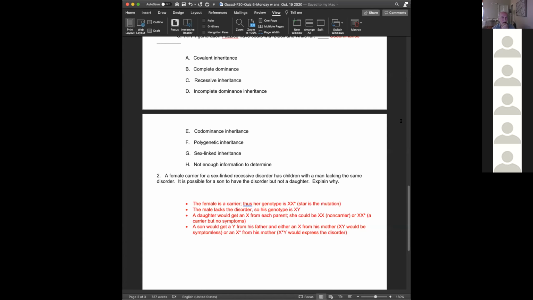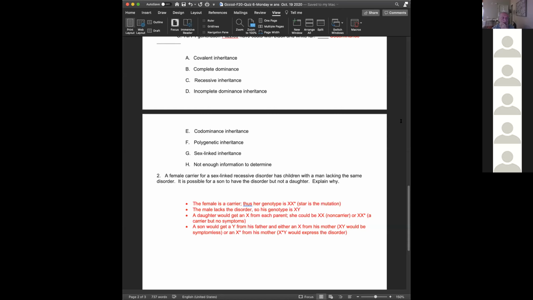With a son, however, the son gets the Y chromosome from his father, and the X chromosome comes from his mother. So one of the X chromosomes would be dominant, and he would be normal, or wild type, you might hear it called, and the other would be the recessive X, and he would have the symptoms or express the disorder. The reason is he has no second X chromosome, a dominant chromosome that might mask the disease.